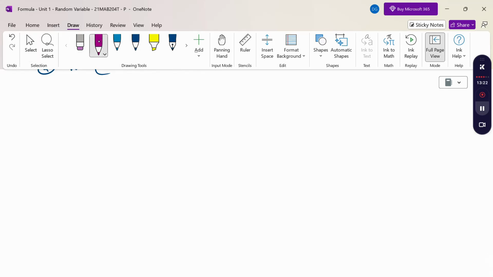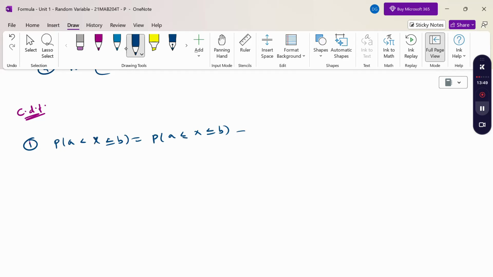And the cumulative distribution function properties. If F is the distribution function of the random variable and a is less than b, the probability of a less than x less than or equal to b, or a less than x less than b, or a less than or equal to x less than b, whatever the form, is F of b minus F of a.